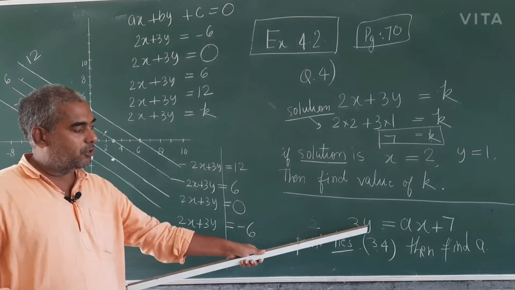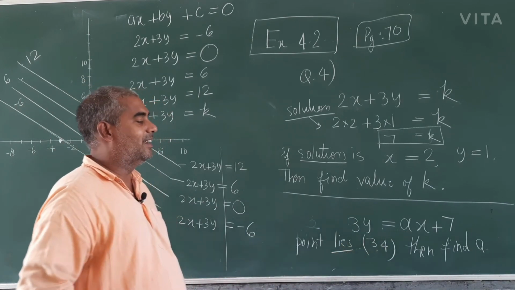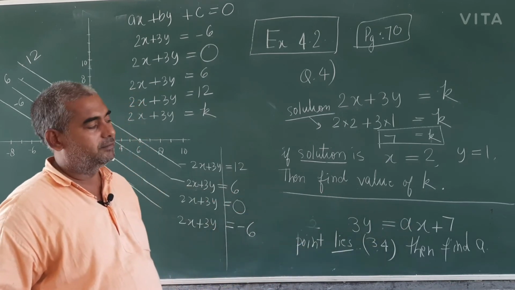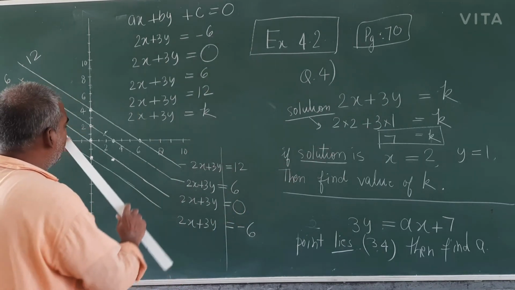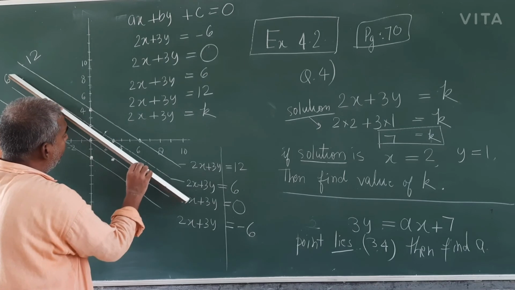And similarly this question also will be solved, because these are not parallel lines, because a is changing here, so the lines will cut each other. Okay. So 2x plus 3y is equal to k, which is asking which line is parallel: 7.